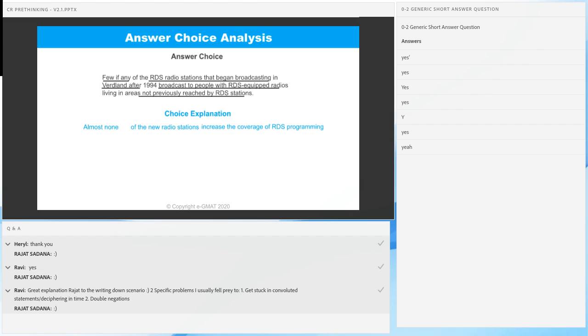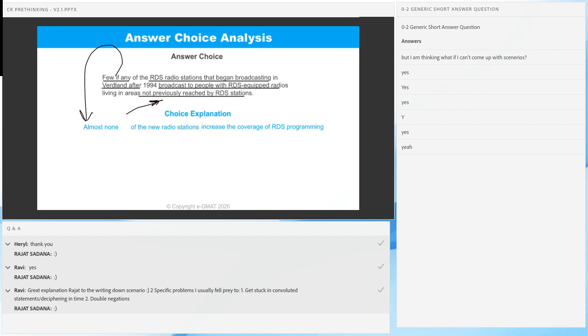Choice A says few, if any, of the RDS equipped radios that began broadcasting after 1994 broadcast to people with RDS equipped radios living in areas not previously covered. So this is a complex answer choice. We're going to decode this piece by piece. Remember, I said every time you read a statement, before you ask whether it's correct or not, make sure you decode it, understand what that statement is saying.